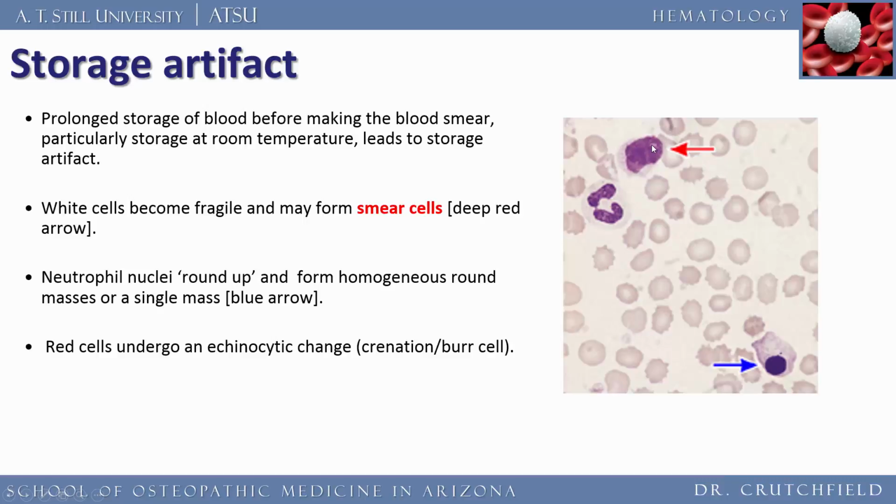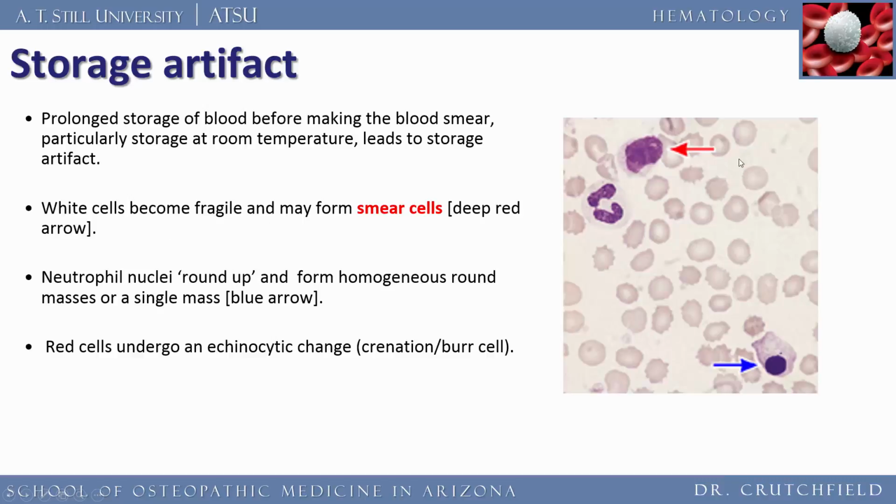This smear cell is fragile, and the nucleus is too big. Now, looking at this, could this be just a normal-looking lymphocyte with probably a premature seg here? It could be, but the giveaway is you have all these crenated red cells. So whatever's going on here, I don't trust it.